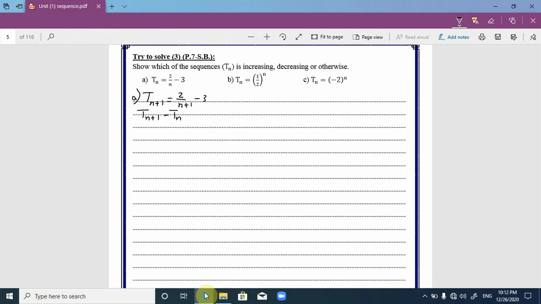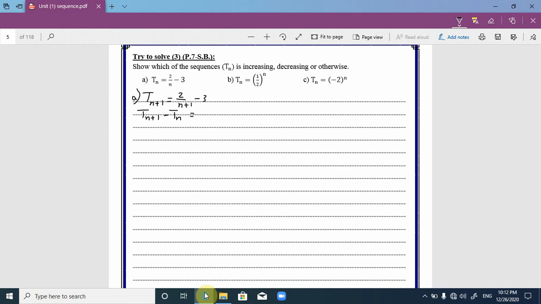If the result of this expression is more than 0, then this sequence is increasing, because Tn plus 1 is more than Tn.